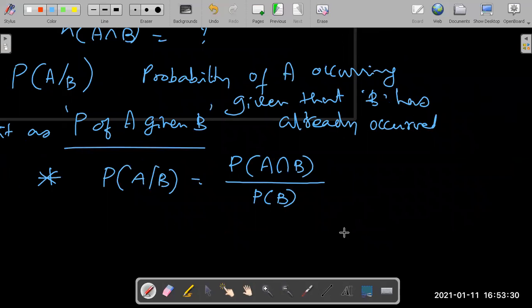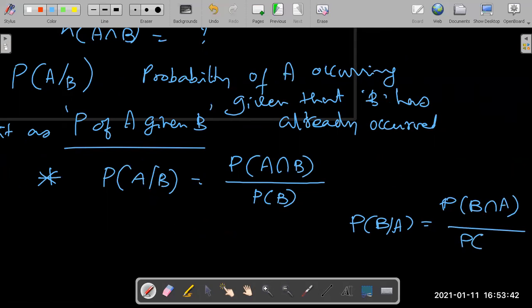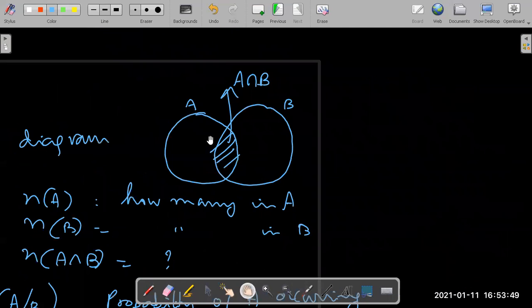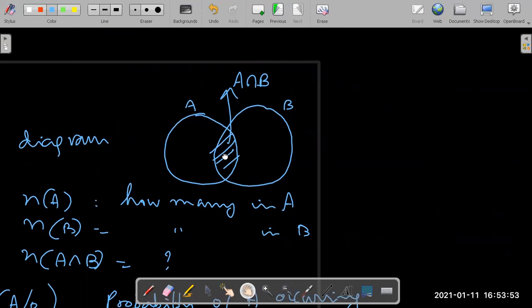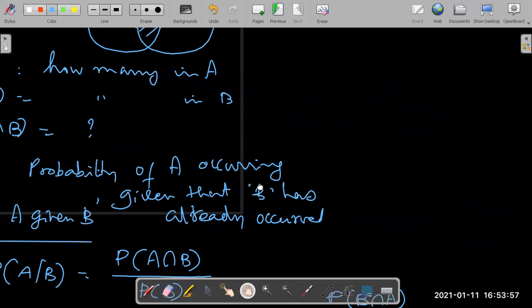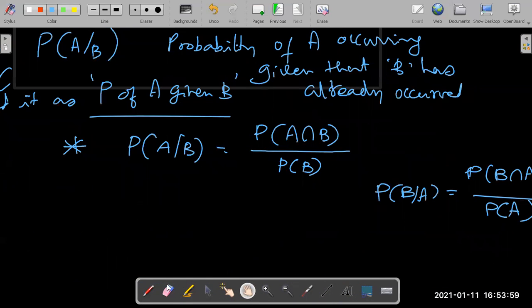It can be written as probability of B given A, we just change them. It is similar: probability of B intersection A divided by probability of A. So when we draw a Venn diagram like this, if we know the intersection probability and the individual probabilities, then we will be able to calculate this conditional probability.